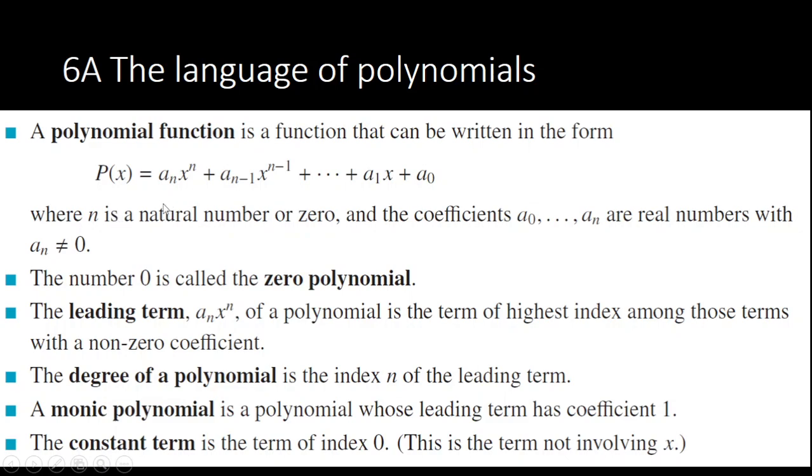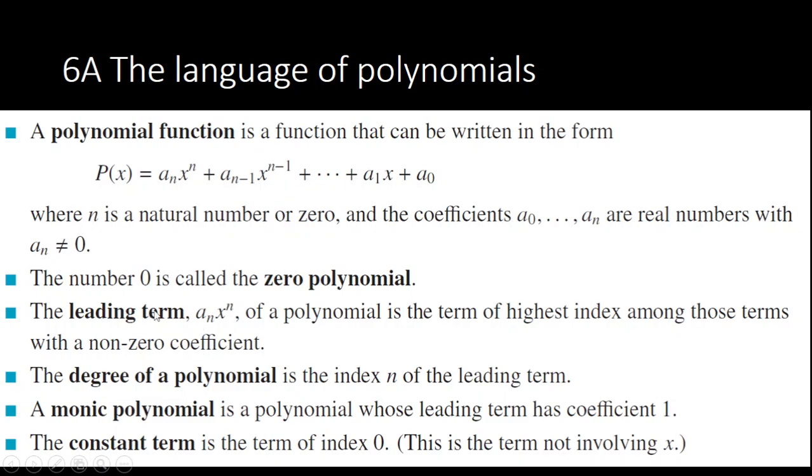When the power is equal to n, that's what we call the leading term, which is the term of the highest power index with a non-zero coefficient. Obviously if the coefficient in front is 0, then it will be the next lower power.